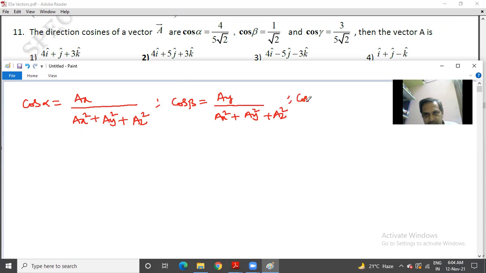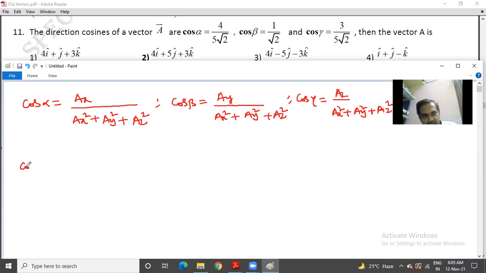Cos gamma is equal to az by root of ax square, ay square, az square. If you look at the denominator, in all the cases it is the same. So looking at the values given.